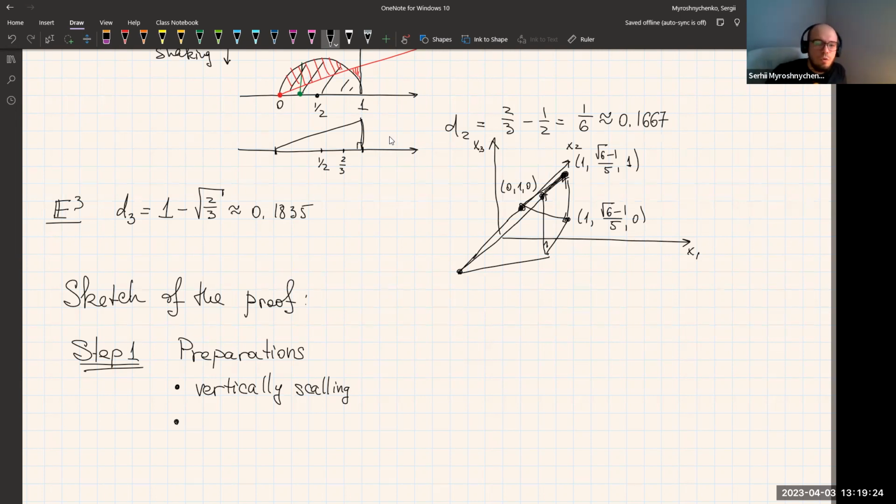What we're also allowed to do is basically linear transformations in the plane x2, x3. So it includes the previous one, but let me state it anyway. So the scaling in x2, x3, in the span of it.